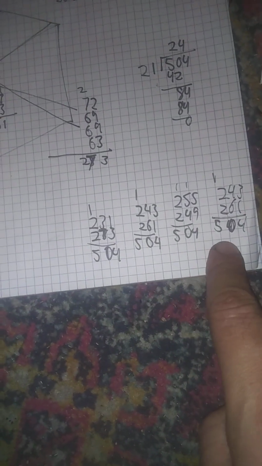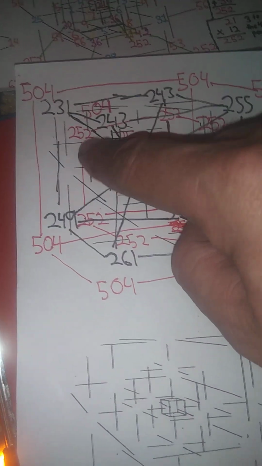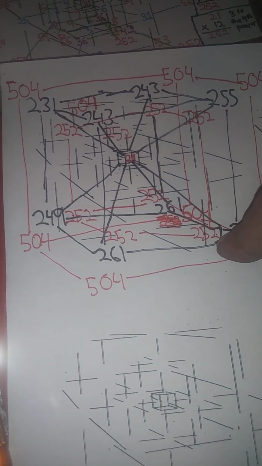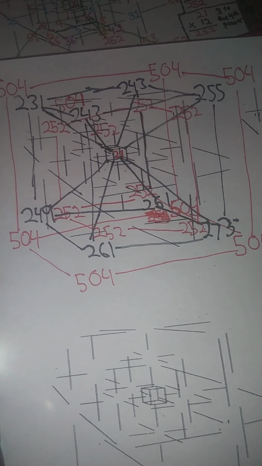And again, all these numbers add up to 504 on the outside. 504, which is a combination. You could have just went and added these two together, but why not have a reason for them to be together? And the reason is what I just described.